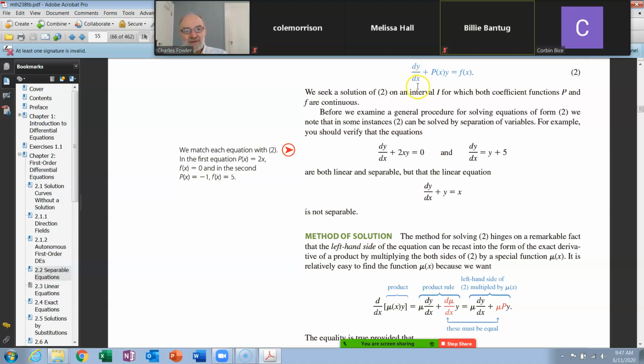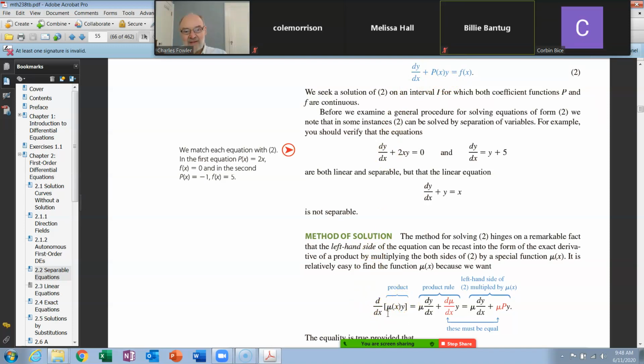What we want this left-hand side to be is a perfect derivative of mu of x times y. We want it to be an exact derivative of mu of x times y. That's what we want it to be. This left-hand side to be something like this.